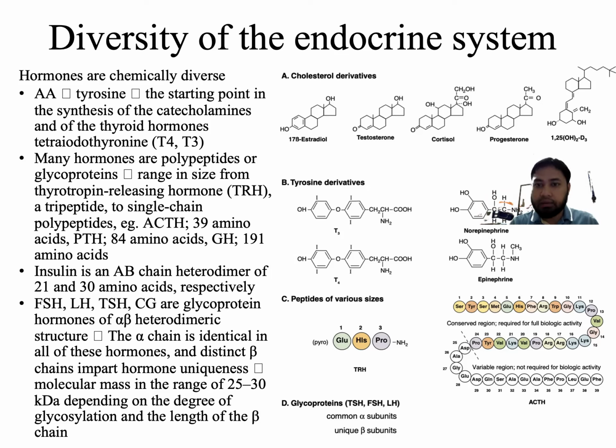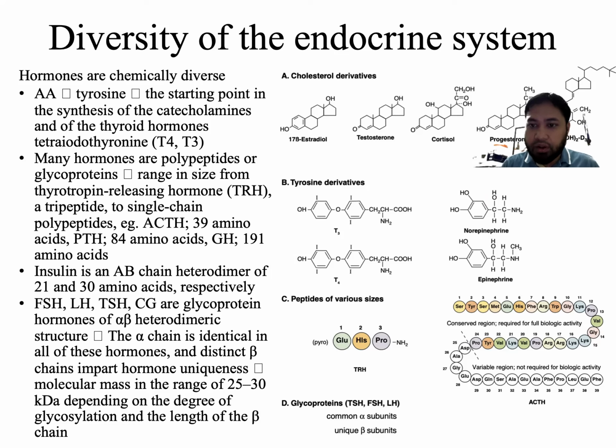Look at B, tyrosine derivative. You look at the structure of tyrosine on the top left. You see underneath it says T3. It means that is the 3-iodotyrosine. All right, it is being produced by your thyroid gland. Now I become a bit weird here in the picture.